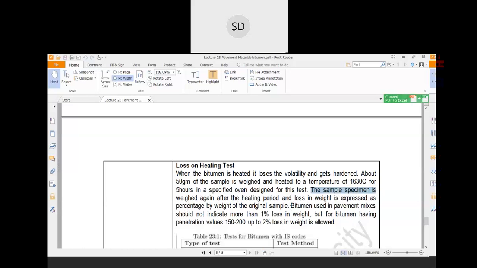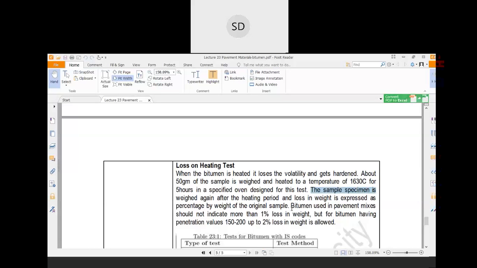So whenever you heat the bitumen, some portion of the bitumen gets lost due to the heating procedure. So in this test, you have to take some bitumen content and heat it to a temperature of 163 degrees Celsius.